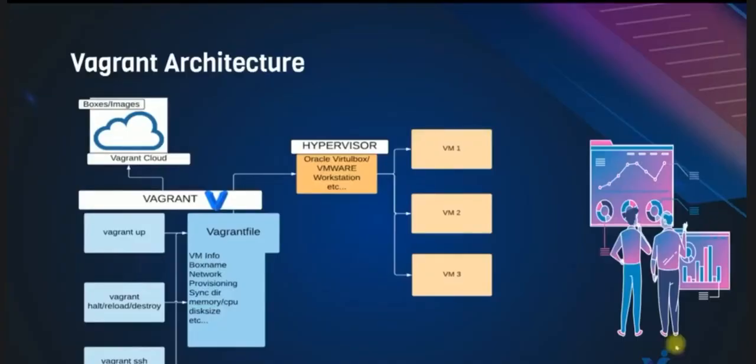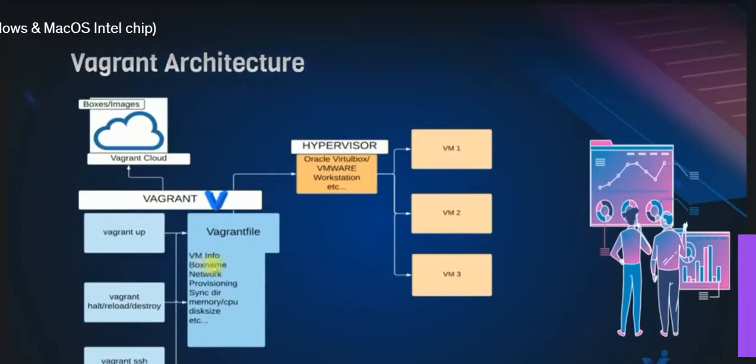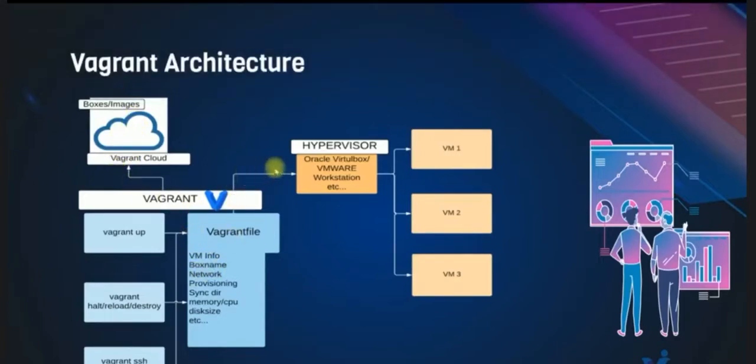Okay, so that's how Vagrant works, its architecture. You have to create a Vagrantfile, you put the VM information over there and you run the command vagrant up. Vagrant is going to read the Vagrantfile and see if the box, which is the image, is available in your local machine. If it's not available in your local machine, it will go to Vagrant Cloud, download the image, and then it is going to contact the hypervisor, which in our case is Oracle VM VirtualBox.